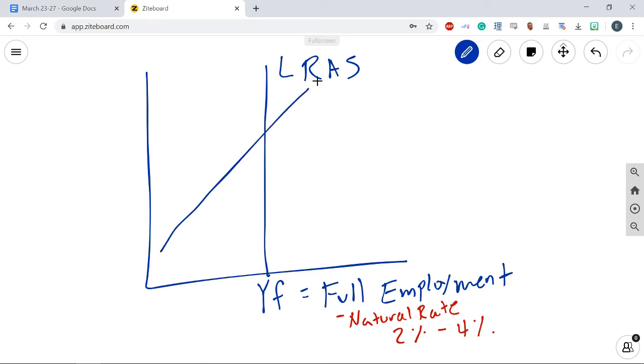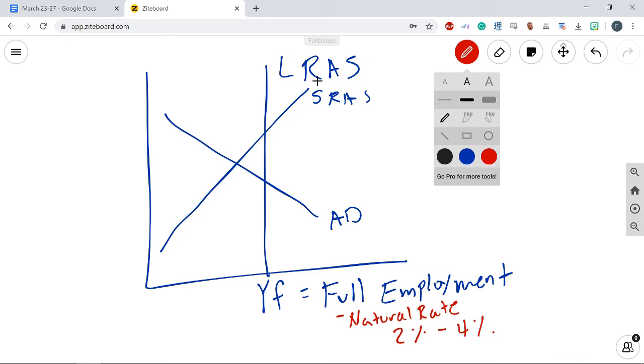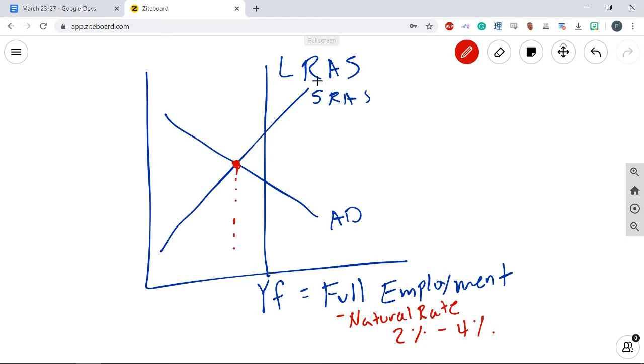And so if you have your short run and your aggregate demand, and they're intersecting to the left, and here we got Y1, what this means is that there is a higher rate than the natural rate. So unemployment might be around 5% over here.